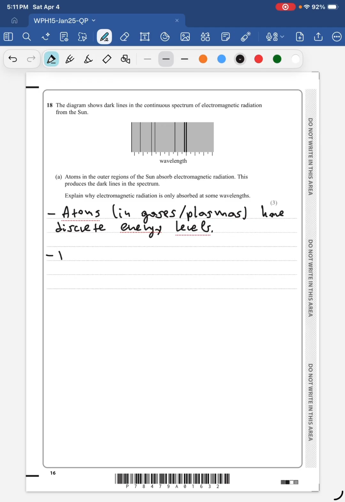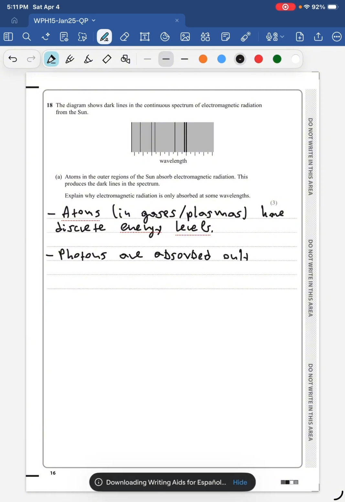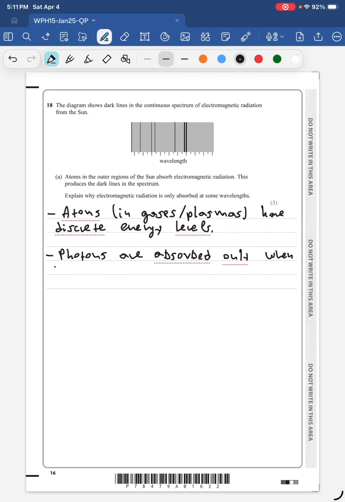Okay, photons are absorbed only when their energy matches the energy difference between atomic levels.